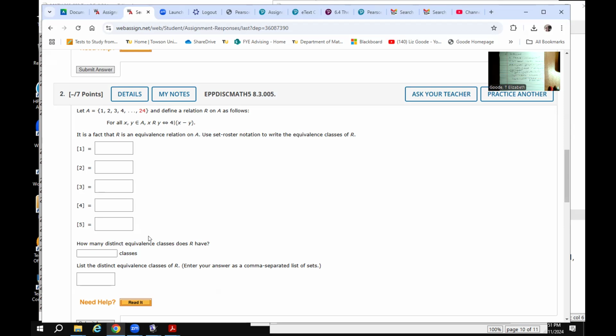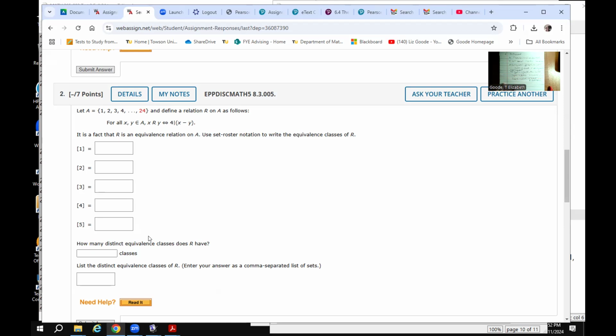So we want to find the equivalence class of 1. Now, what is the remainder that we get when we divide 1 by 4? In other words, we want to look at the number line and think about jumps of size 4, okay?